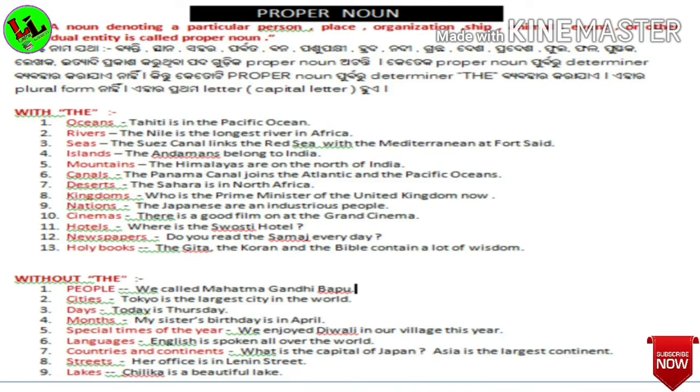And then before the names of some holy books. The Gita, the Quran, the Bible contain a lot of wisdom. Now you see, I will tell details all about the use of the when I will teach you about the article.